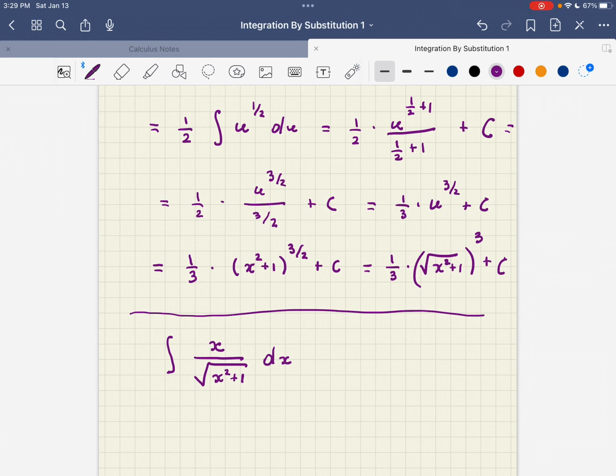Okay, so our process here is almost the same as in the previous example. We note that x times dx, which we have in the numerator, is 1/2 of the differential of x squared plus 1, and the rest of the integral is expressed in terms of x squared plus 1.